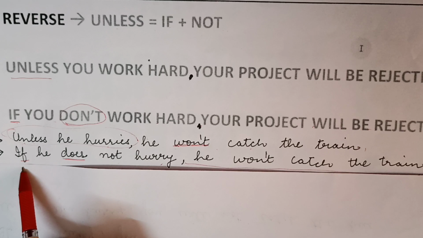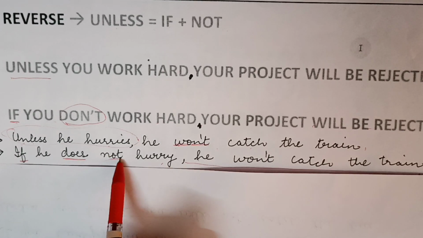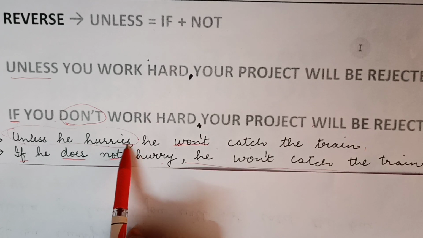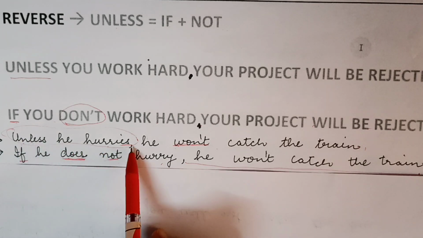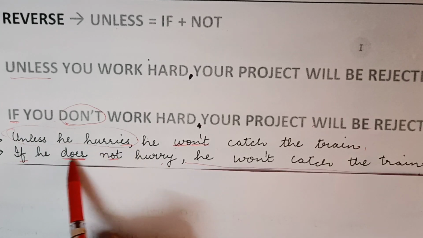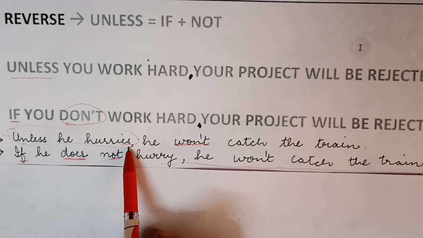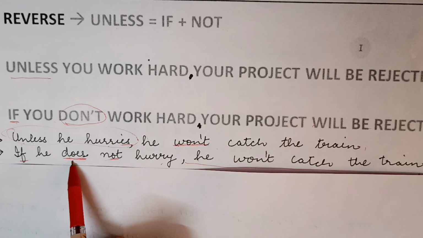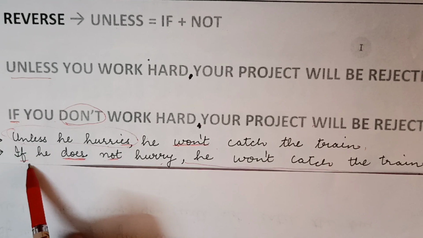Instead of unless, you will write if and you will add not in the statement. See, it is present tense. That is why we have rewritten it using does not. If it was unless he hurried, a past form, then you should have written it using did not. So according to the tense of the statement, we will use do, does or did. So if he does not hurry, you will rewrite the statement.